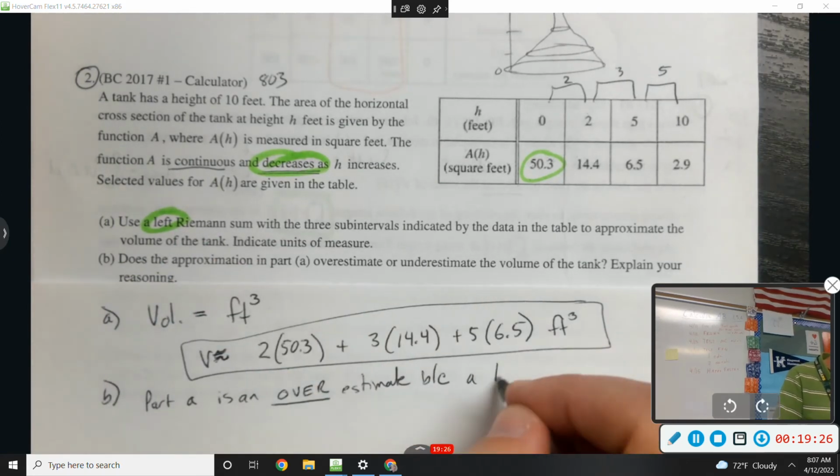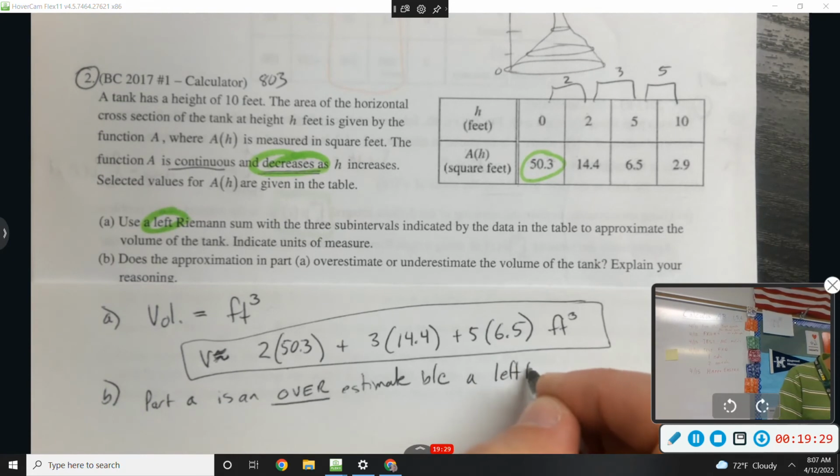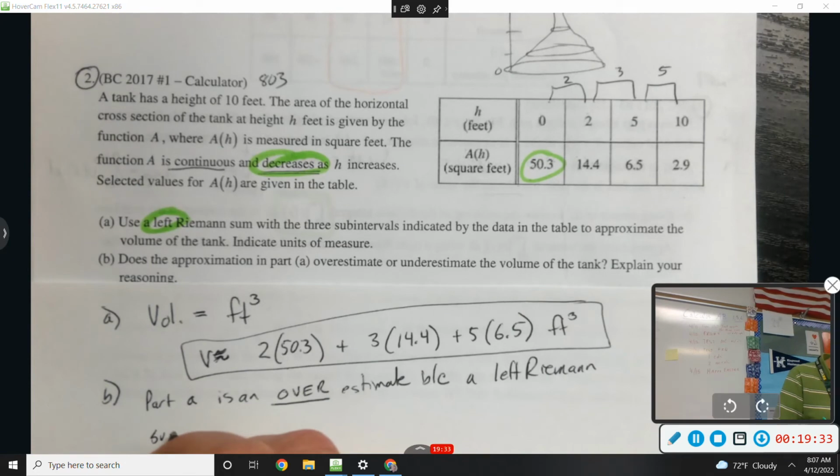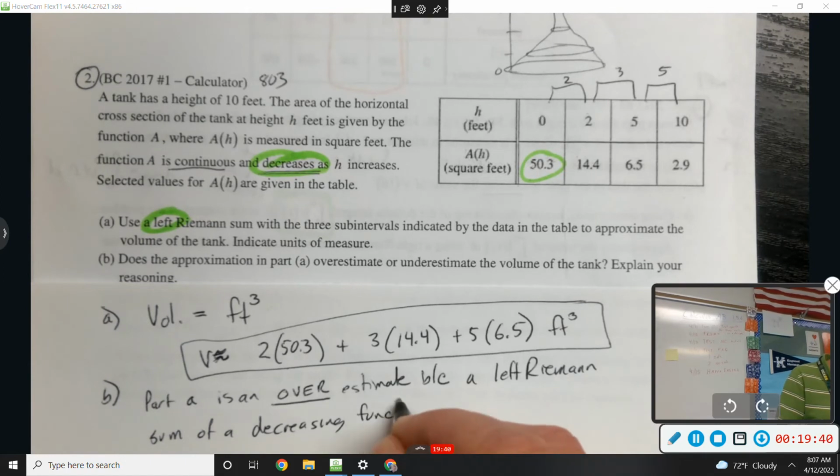Because a left Riemann sum of a decreasing function, I mean, that's our answer, overestimates.